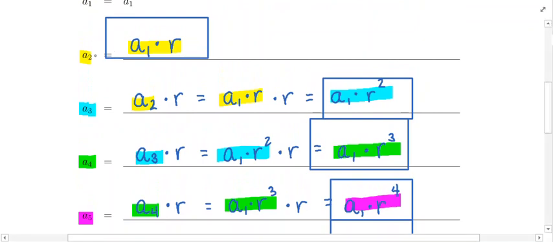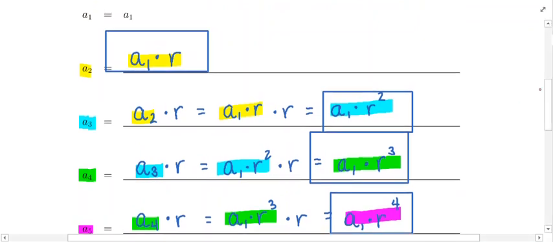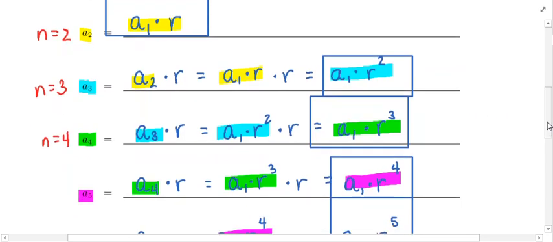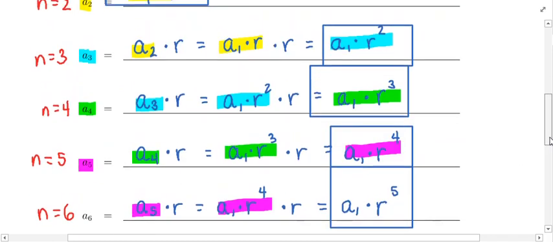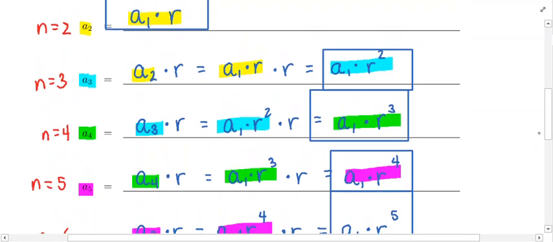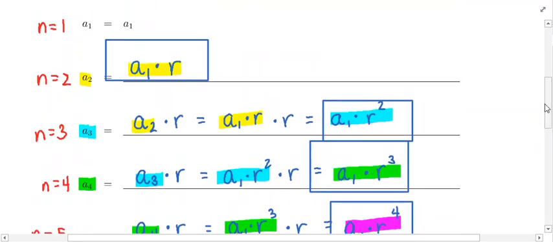Remember, we're trying to do this in terms of an n value. If this is the first term, n would be 1. For the second term, n is 2, n is 3, and so on. So we're trying to write our formula in terms of the n value here. Like we said, we see in all of these A1 times a power of R. So let's see how that power of R relates to the n value.